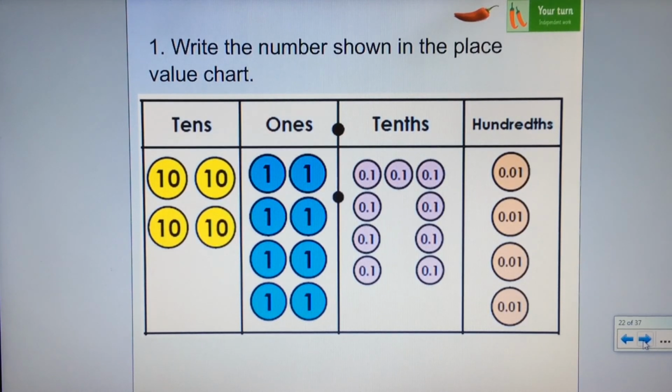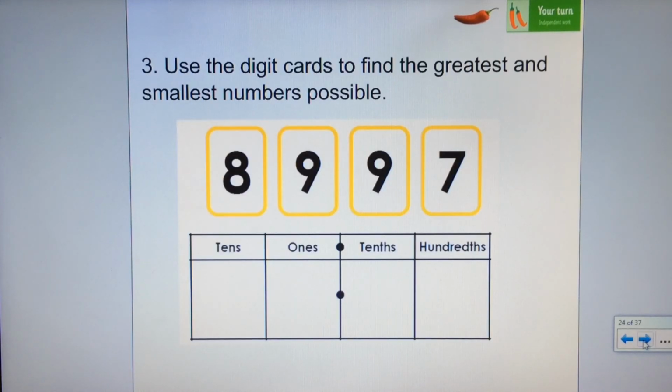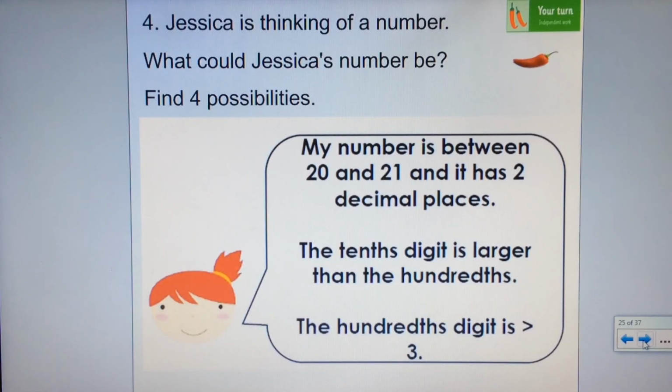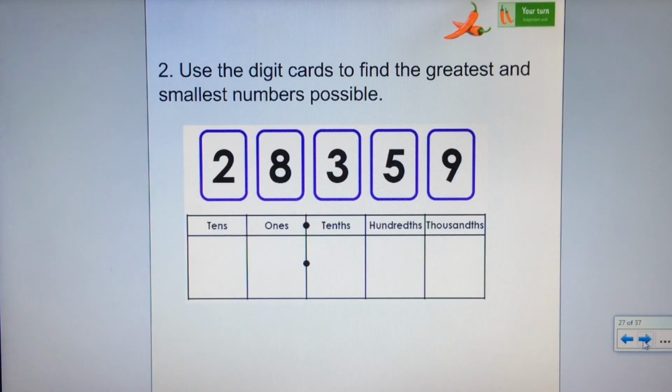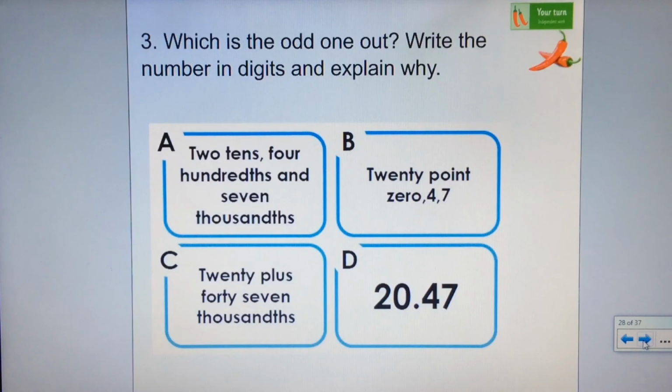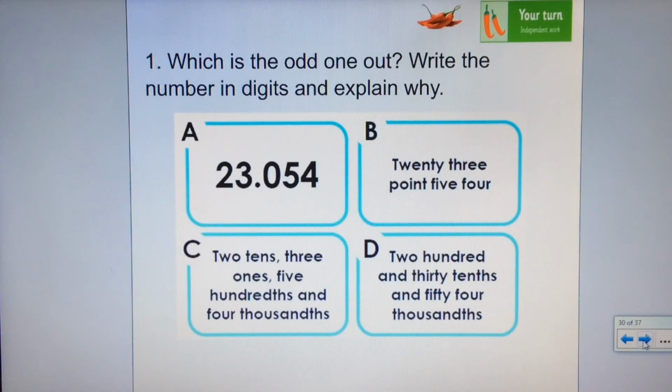And at the end, I'll show you the answers. Chilli 1 then. Chilli 2. And Chilli 3.